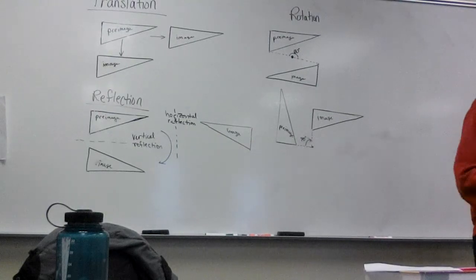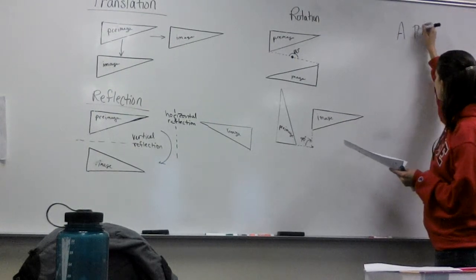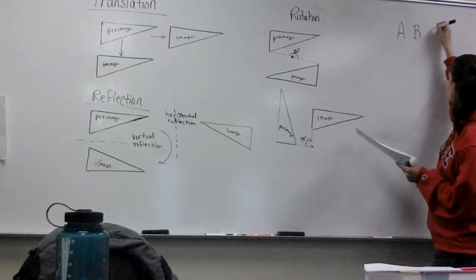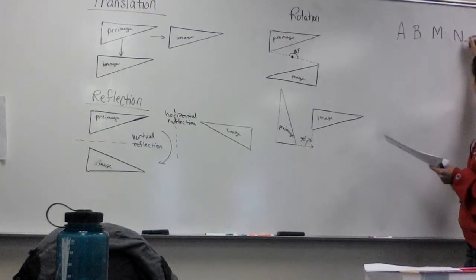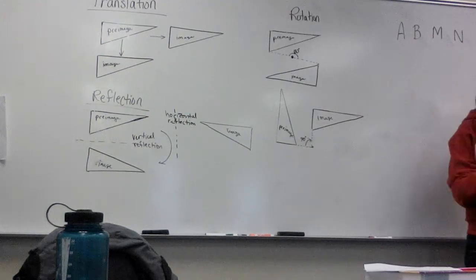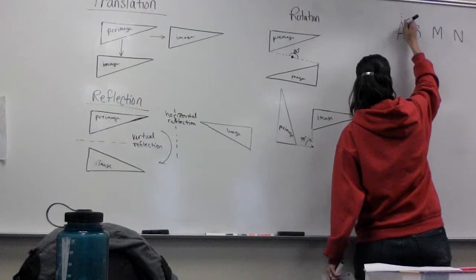Now, if I write the letters A, B, M, and N, which letter cannot be copied using an axis of symmetry or line of symmetry? You need to know that term. N, okay, because for A, the axis of symmetry would go right down the middle.